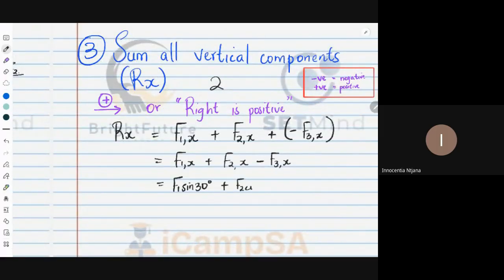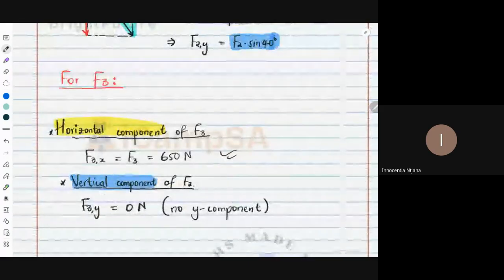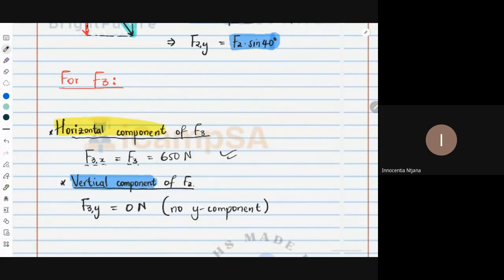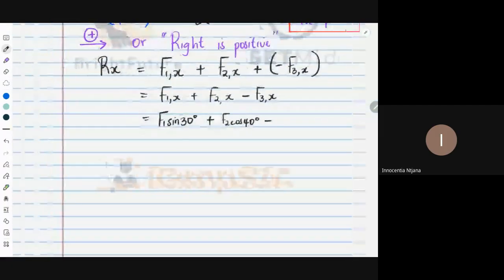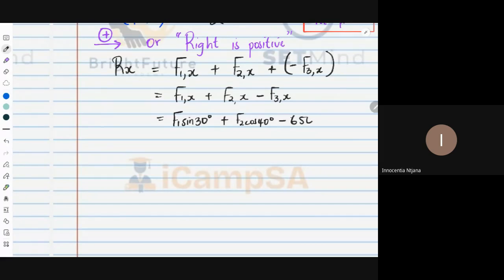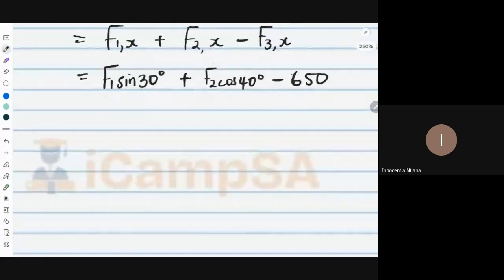F2 cos 40 degrees minus, what is F3x? Let's go here. F3x is simply 650 newtons, okay? 650. It doesn't have an equation, it was just a value. So we still need to substitute F1 and F2.